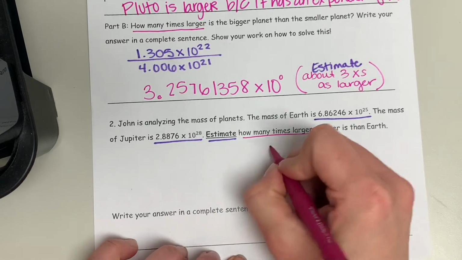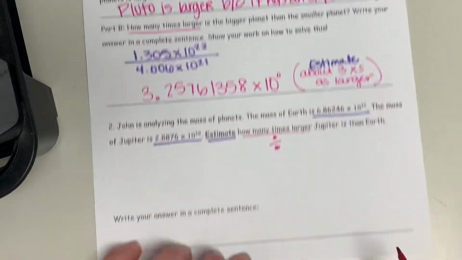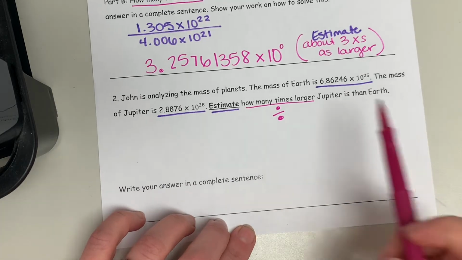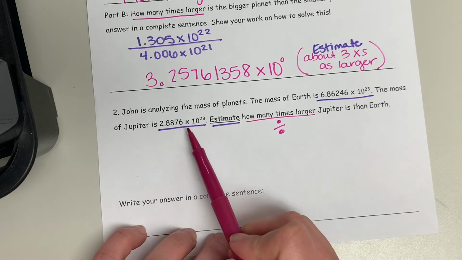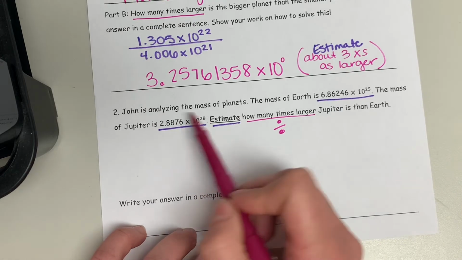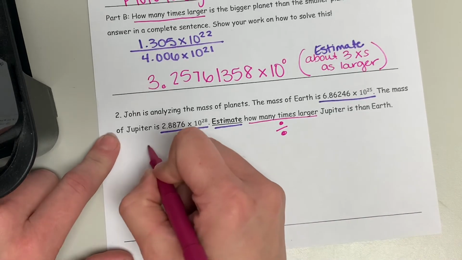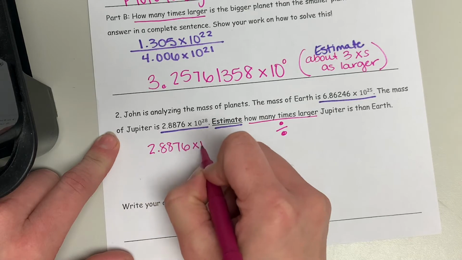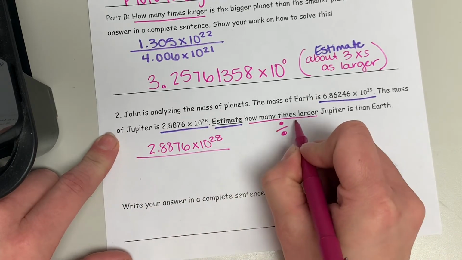So what are they wanting us to do? How many times? They want us to divide. Is Jupiter than Earth? So we're going to look. Jupiter is bigger. You always look for the bigger exponent. Jupiter's bigger, Earth is smaller, so we're going to set it up that way. Divided by, because it's how many times.